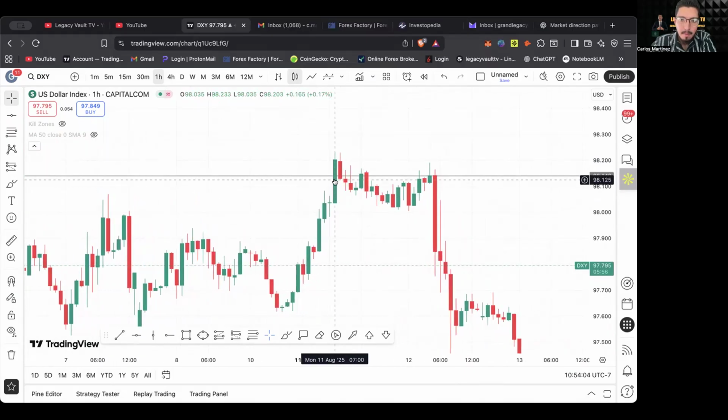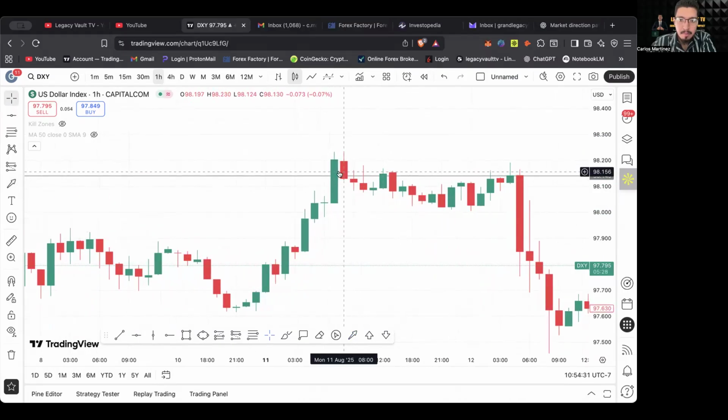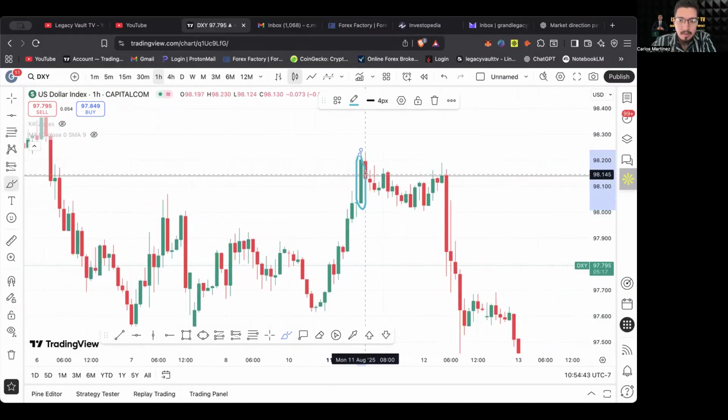At one point, we thought that price was going to break above this resistance zone, this resistance level. Price was trying to break above this level, but instead it resulted in a continuation to the downside. Price failed to break above and instead reversed back down for the continuation. You see this bullish candle here was a fake out. You see how price broke below, came back up to retest.